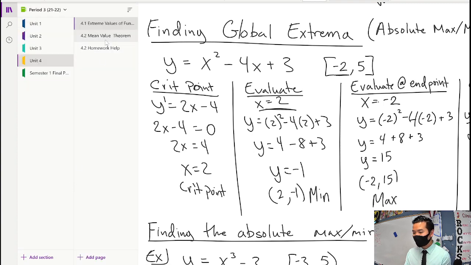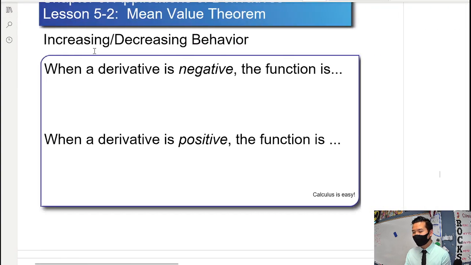Can you guys write this down real quick? This is behavior for increasing and decreasing, right? When a derivative is negative, the function is decreasing. That's all it is.